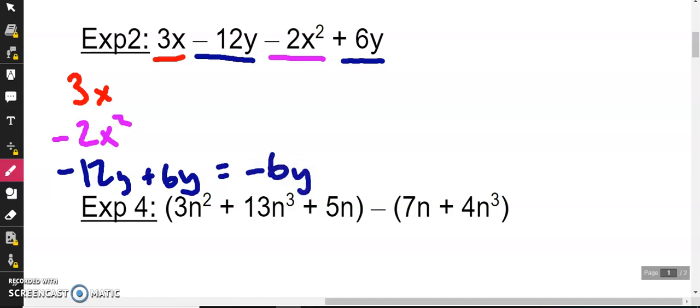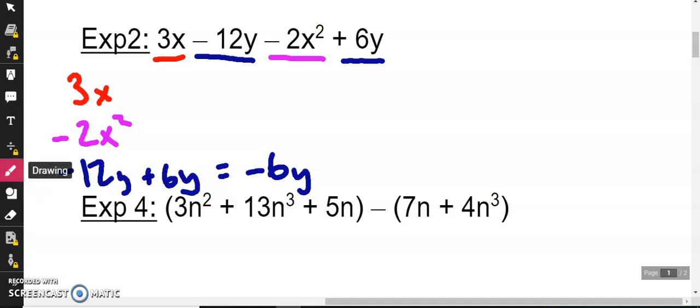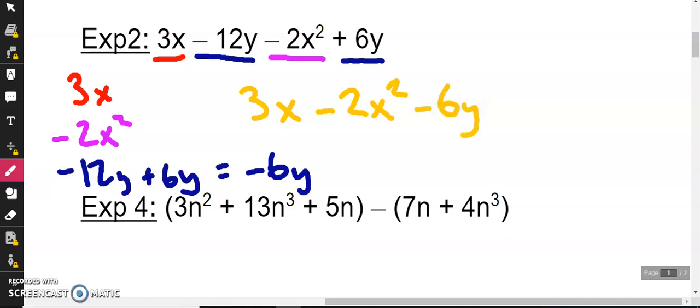Keep the y. So I've used all of the terms I started with. I've combined the things that go together, and I've left the other two alone. So my final answer for example 2 will be 3x minus 2x squared minus 6y.